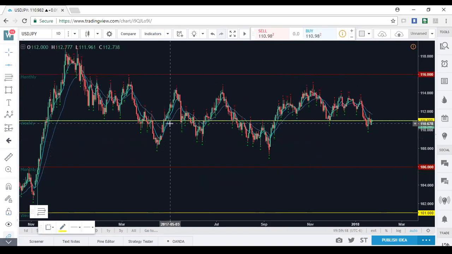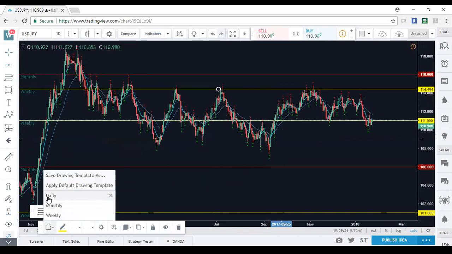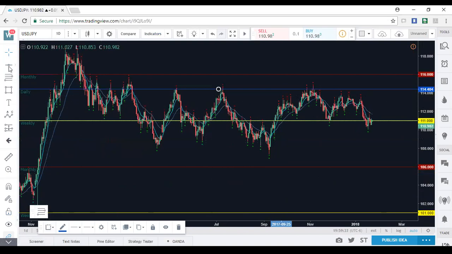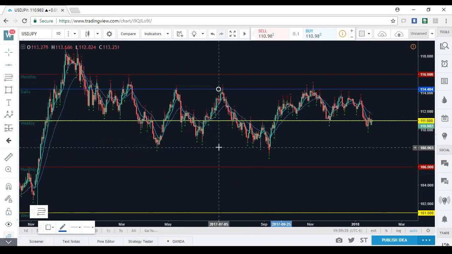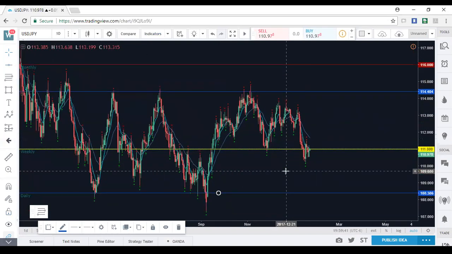And you're not going to mark up every swing point, just the major ones, from this swing high to this swing low. Just the most recent ones, you know what I mean? So we'll go right here, turn that into a daily.